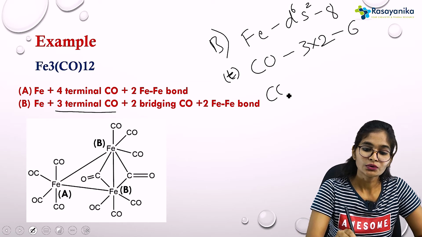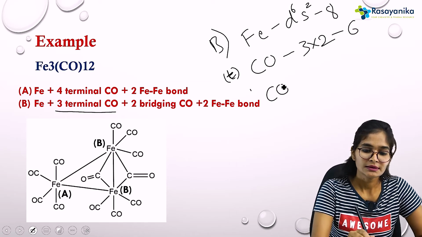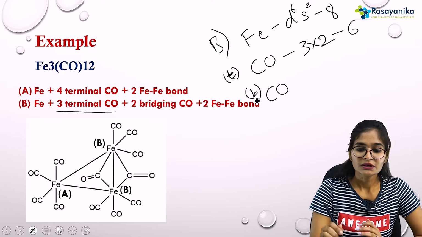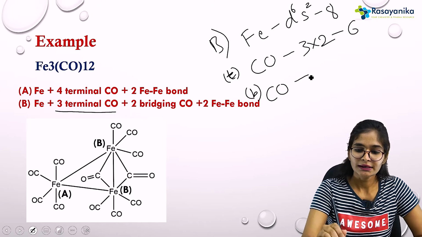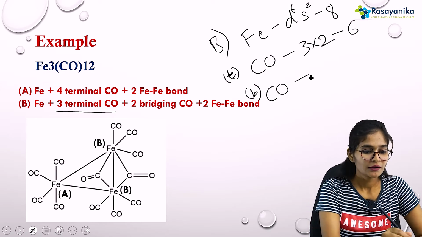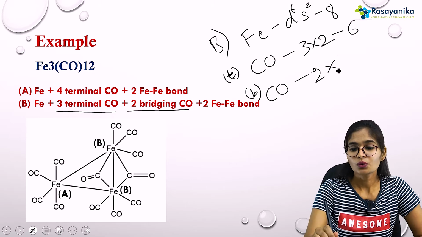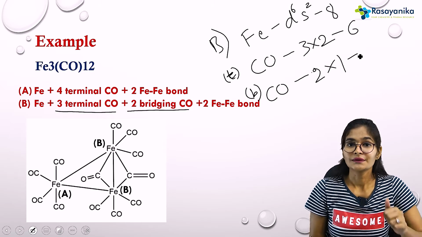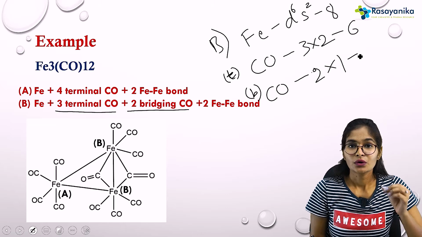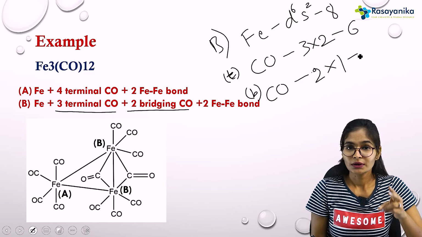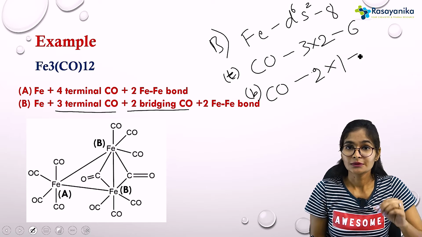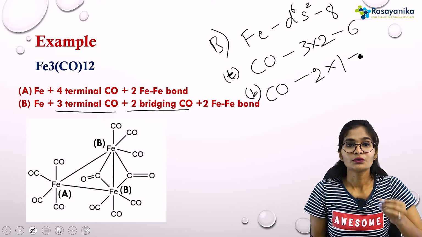Now coming to the other type of CO, which is the bridging type. How many do you have? You have 2 bridging CO, so 2 into 1 you have to consider. Whenever you have a terminal CO, it will contribute 2 electrons. If it is a bridging carbonyl group, then it will donate 1 electron.